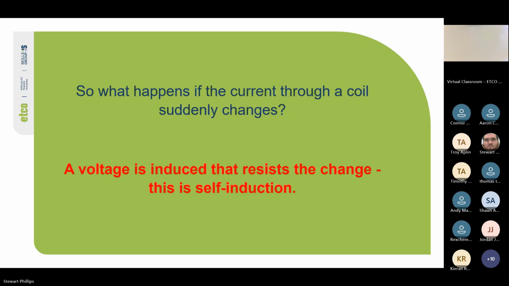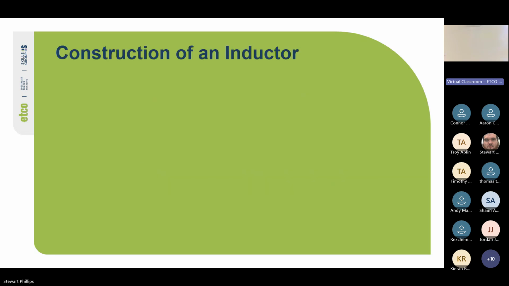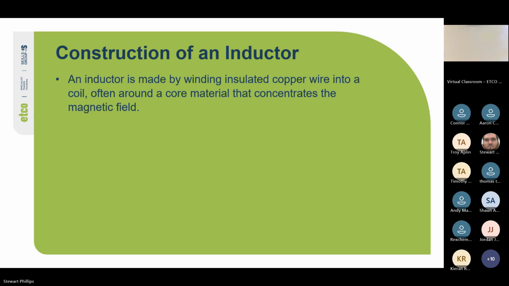So we've looked at a little bit of the basics of an inductor, and now we'll look at how it's constructed. An inductor is made by winding an insulated copper wire into a coil. Specifically insulated, because if it wasn't insulated, it would just be a really big conductor rather than an inductor. It's often wound around a core material that concentrates the magnetic field.